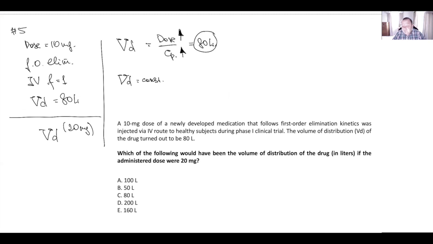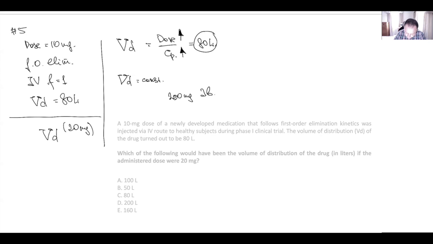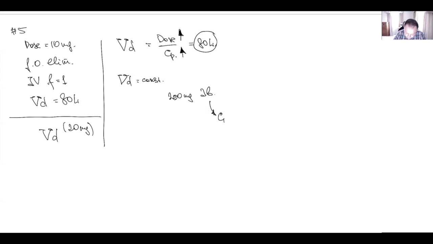So if you are taking 200 milligrams of ibuprofen, you're getting one plasma concentration. And if you take 600 milligrams of ibuprofen, you will have another plasma concentration. And it is obvious that the second plasma concentration will be greater than the first one. The greater the dose, the greater the plasma concentration, but volume of distribution will be the same.